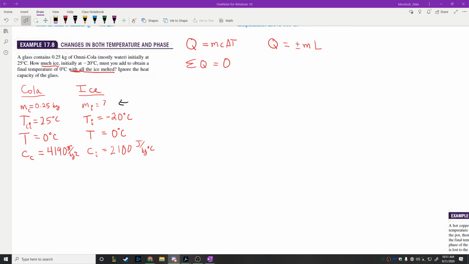Is that enough time to get an answer? Okay, so Cam has put an equation in there. 0.598 kilograms of ice. You want to get that same answer?